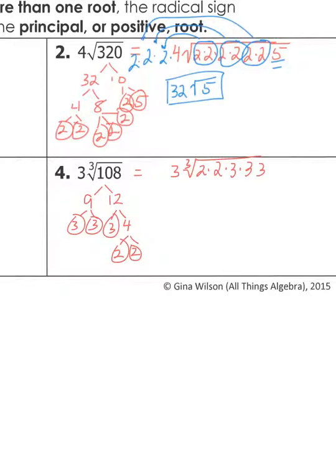So because we have a cube root, we want to circle groups of 3's, so it can only make one group of 3. Pull out in front, and it gets multiplied to the 3 that's already out in front. The 2 2's, I can't make a group of 3, so I'm going to leave that underneath. And so I end up with 3 times 3 is 9 out in front. Cube root of 2 times 2 is 4 underneath.